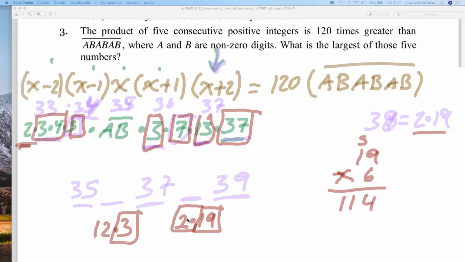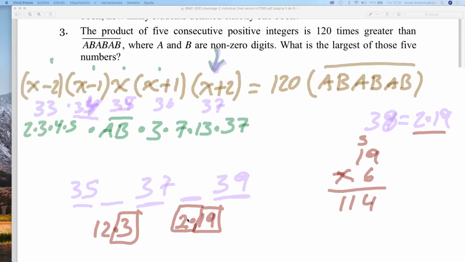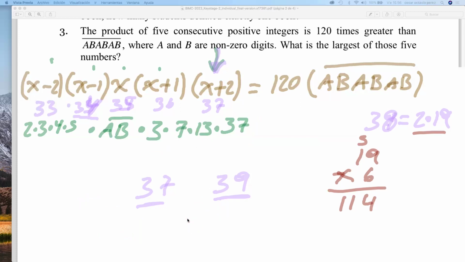Okay, let's see. Again, we need a 37, okay? And you already said 37, we have the 37 here. And you say that we need a multiple of 13.